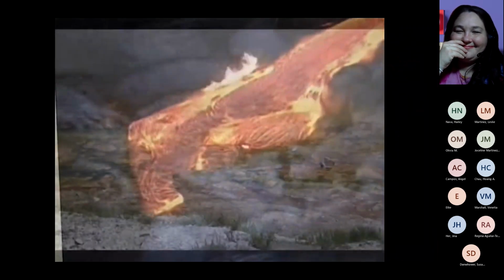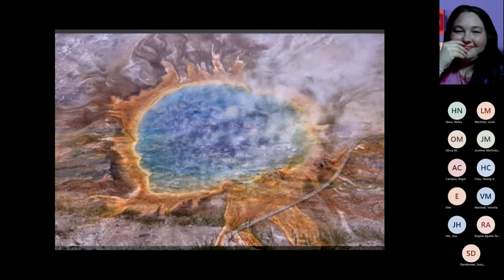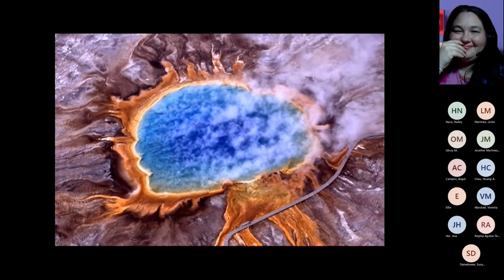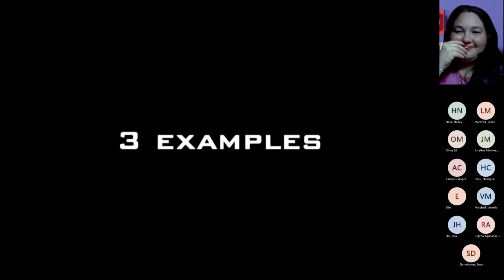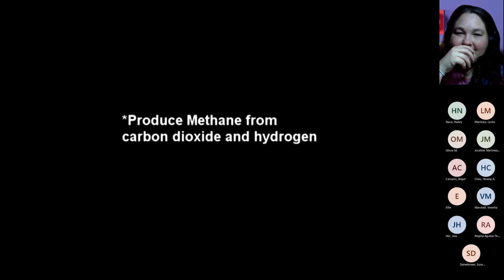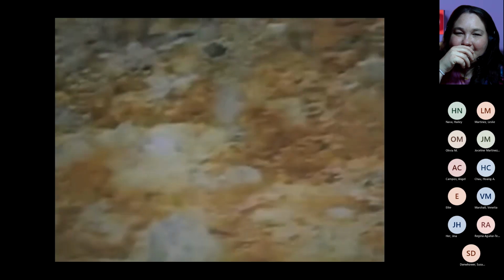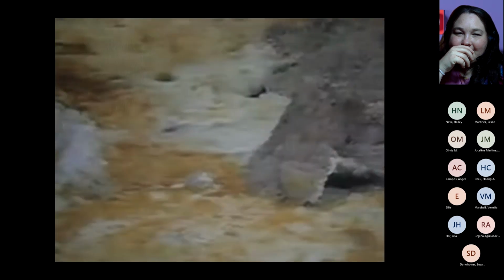With extreme heats and oxygen nowhere to be found, he lived his life day by day. There are about 100 species in the Archaebacteria kingdom. I will share 3 examples with you. Prepare yourselves. The methanogens. They produce methane from carbon dioxide and hydrogen. They die in the presence of oxygen and can be found in swamps and marshes.